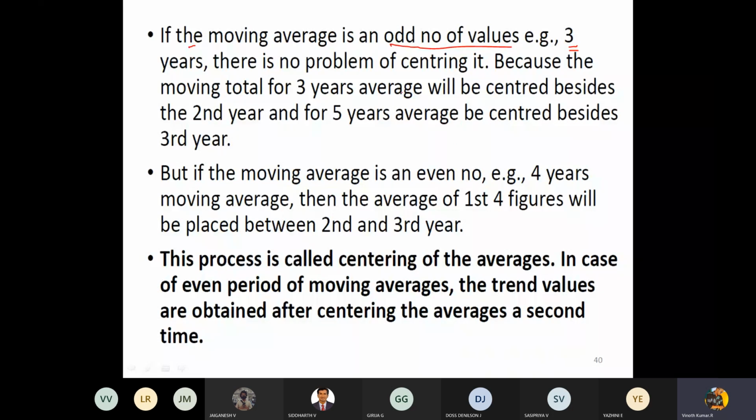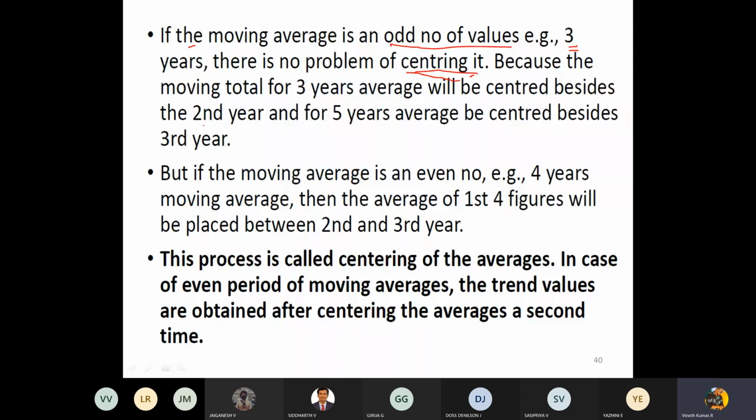So what it says is if the moving average period is an odd number, you need not center that value. What is centering? Here, if you find a 3 year moving average and the period is odd, the value will be centered beside the second year.